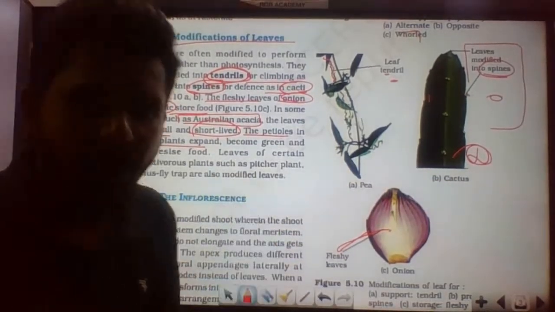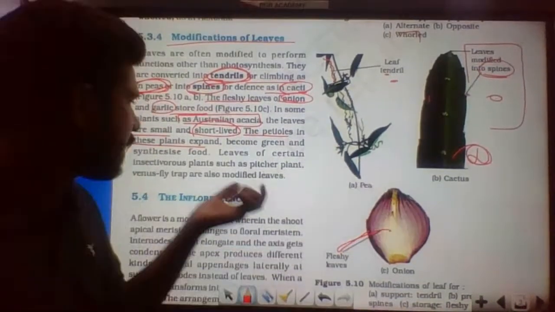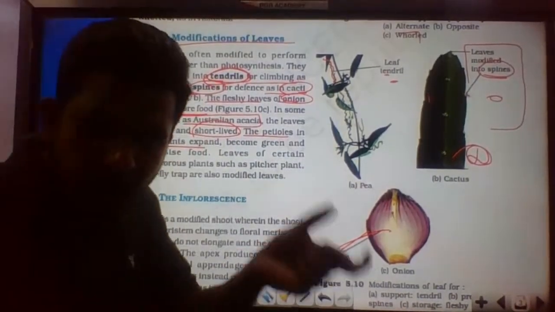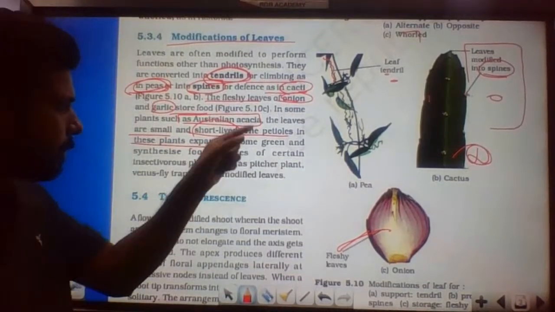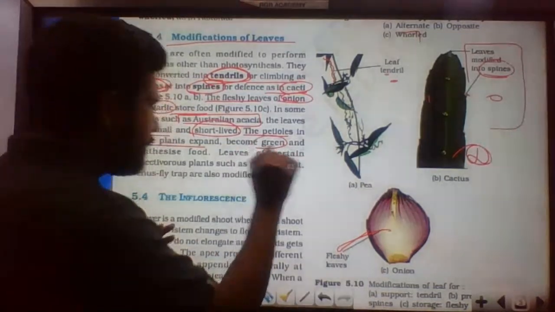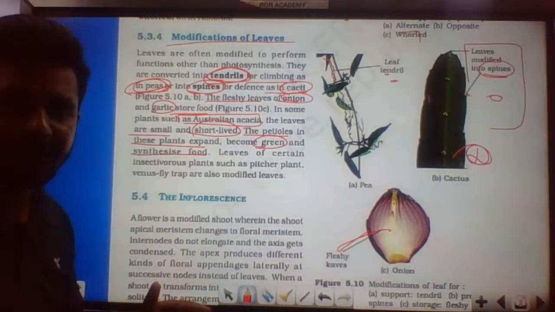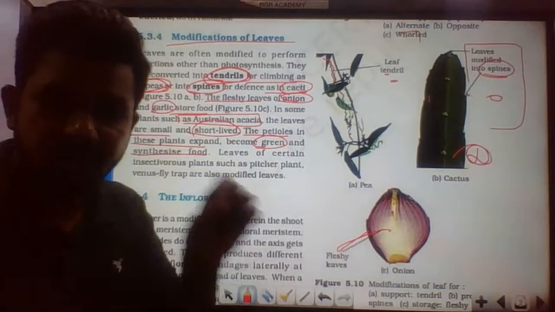The petiole is an important part of the leaf. In Australian acacia, the petiole expands, becomes green, and synthesizes food, which means it is actively involved in photosynthesis. That is a very important one.